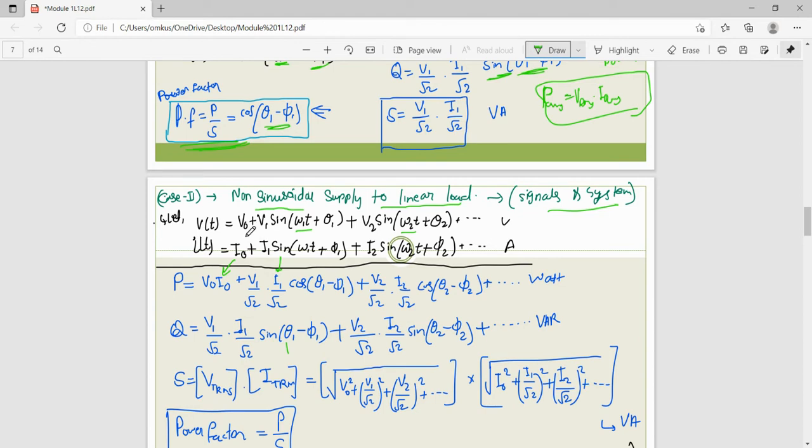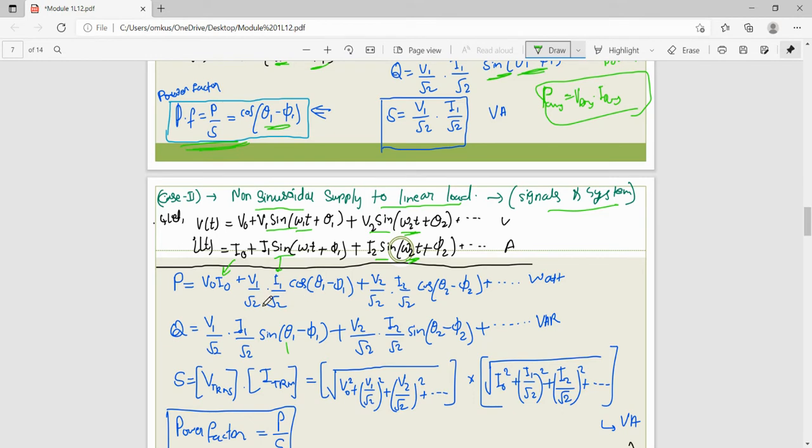Similarly, this is a DC signal, so the DC signal is multiplied only with the DC signal. And similarly this frequency is omega 2, so it is matched with this frequency. That's why, while taking the RMS value or the power, you have to multiply these two same-frequency terms by these two factors. So we multiply only same-frequency terms.